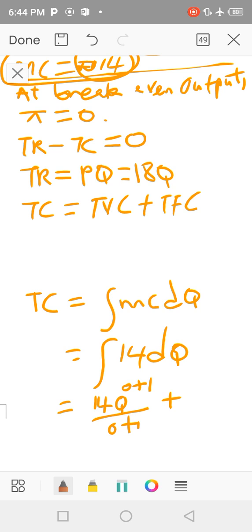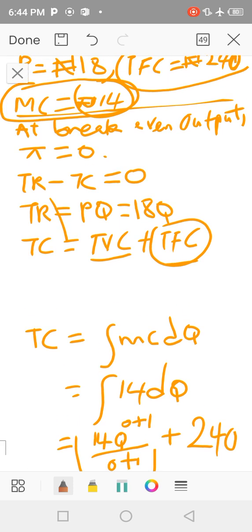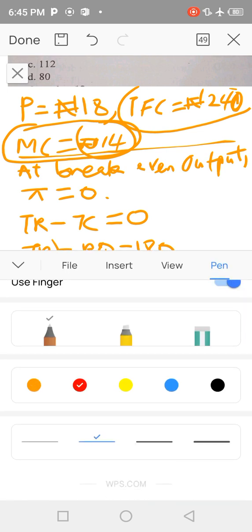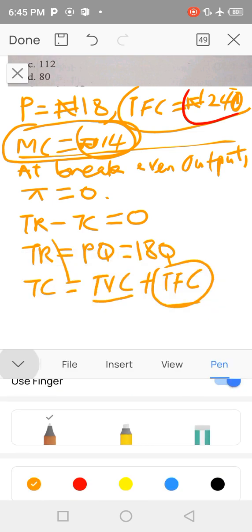Our c stands for the total fixed cost, which is a constant component of total cost, because total cost has two components: the variable component and the fixed component. The part that is differentiated is the variable component, while the constant c is the fixed component, which is 240, as already given in the question.